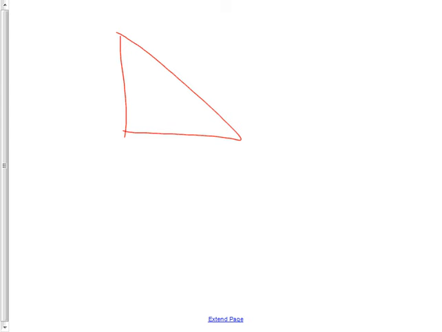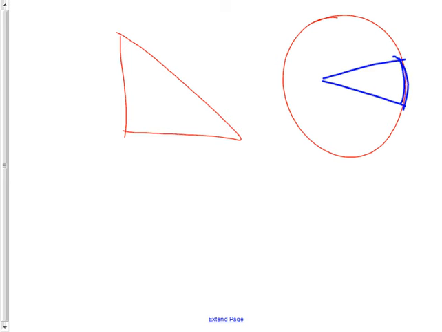If it's not a triangle, you'll have a different kind of trig. It'll be a circle with a little wedge like this. Do you remember the formula that goes with that kind? S equals theta r. S equals theta r. And the theta has to be in radians. Remember that. So if they give you something with 20 degrees here, don't get sucked into using 20 in the formula or it won't work. You've got to change your degrees into radians to make those work.